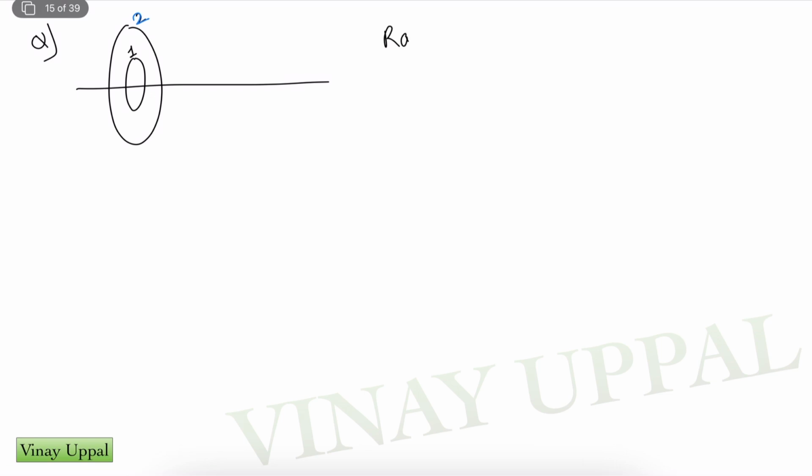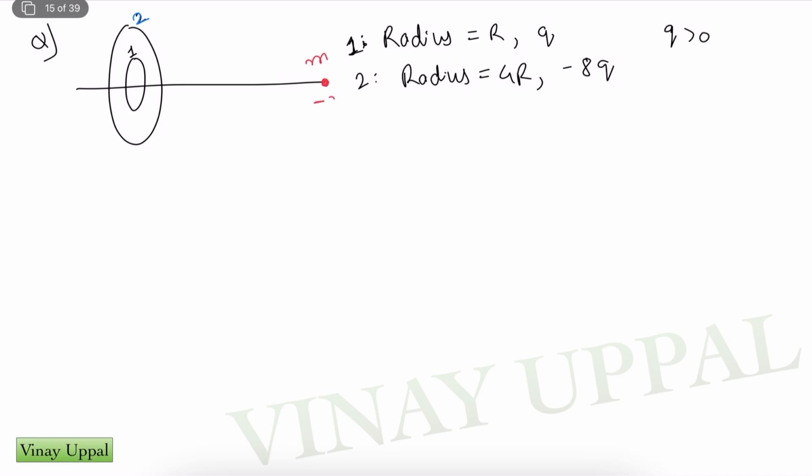So the radius of ring 1 is R, and it is uniformly charged with charge Q, and for ring 2 the radius is 4R, the charge is minus 8Q. So ring 2 is negatively charged, Q here is positive, and I have a particle of mass m and charge minus Q from infinity, and it's projected with velocity v0.